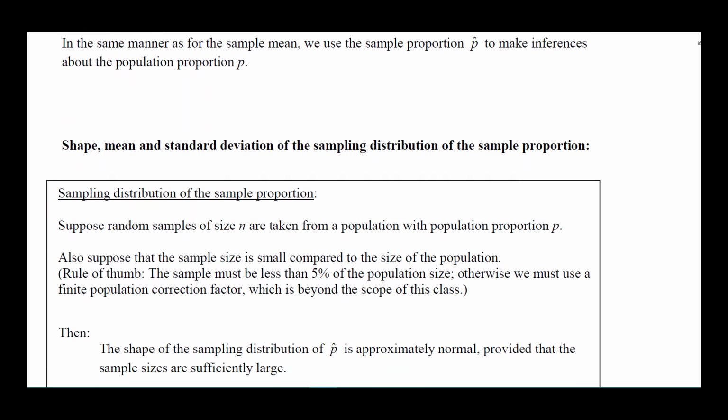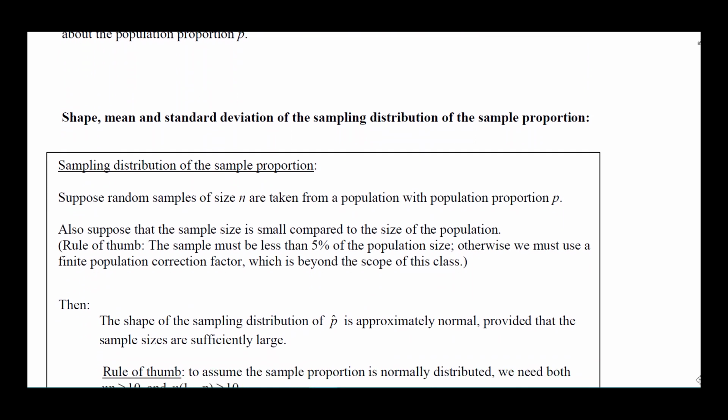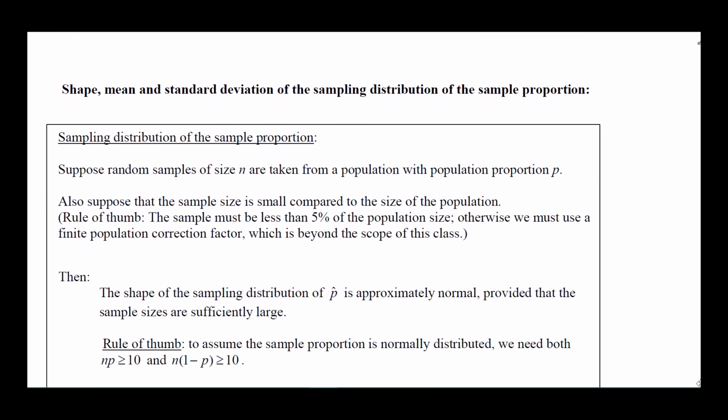So let's start out first by talking about probabilities. Remember when we talked about means of a sample, we talked about the probability that, if we took a sample from a population with a certain population mean, the sample mean is below some number, or above some number, or in between some boundaries. So we can do the same kind of thing with the sample proportion.